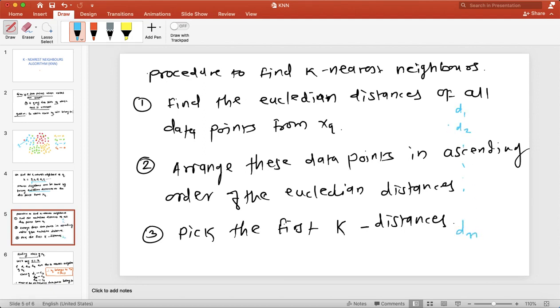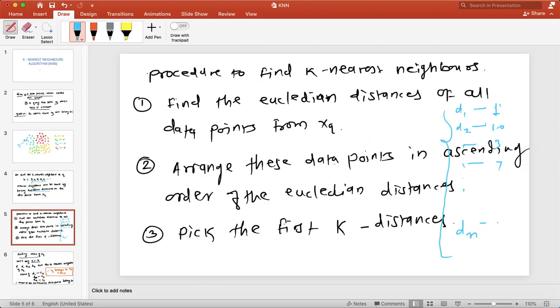Then arrange these data points in ascending order of their Euclidean distance. For example, let's say the Euclidean distance of D1 is 1, this is 10, this is 3, 7, and so on.